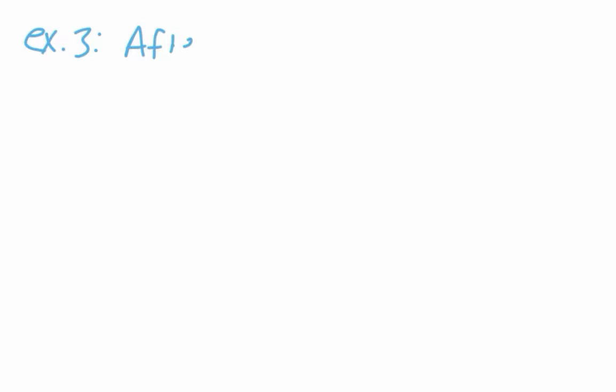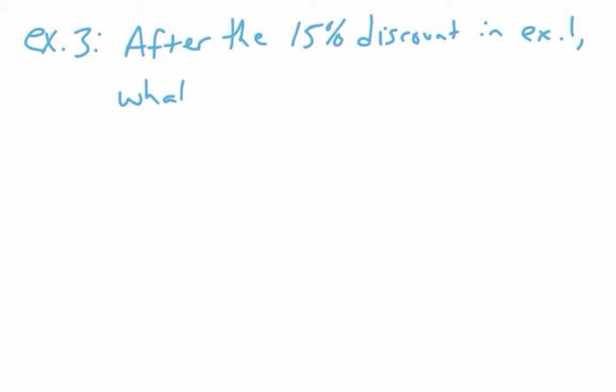So after the 15% discount, in example 1, we found that a 15% increase didn't get us back to the $300 that we started with. So I want to say, what percent increase would get us back to that?